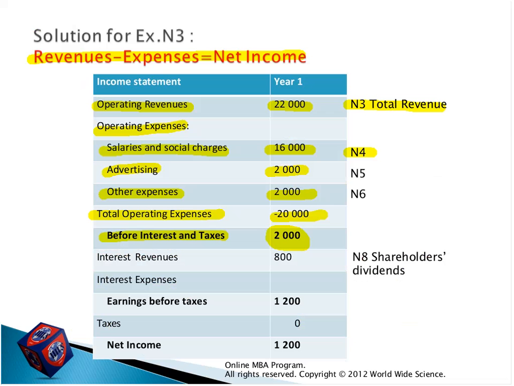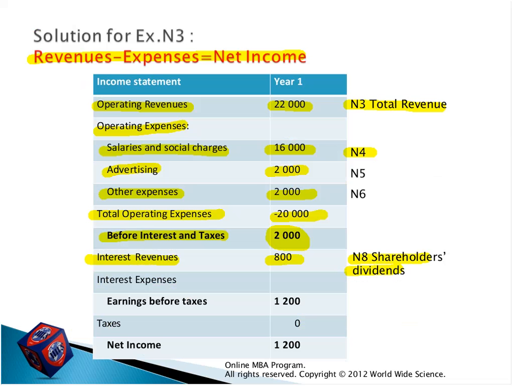Here we call it interest revenues for 800, or the shareholders' dividends I just showed you under the number 8 transaction. And here we have recorded our dividends of 800 euro.